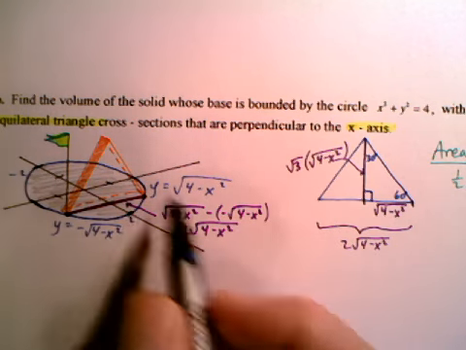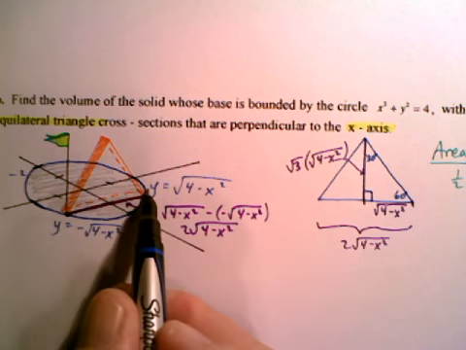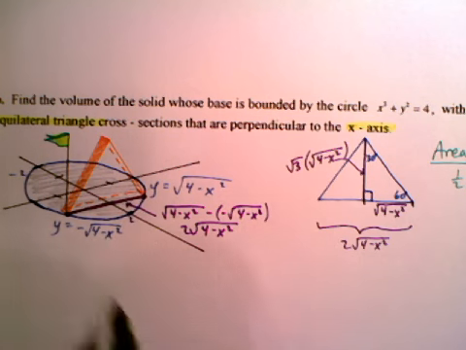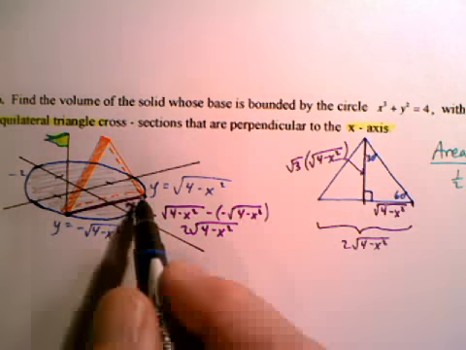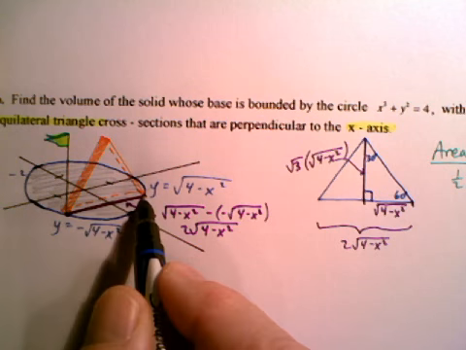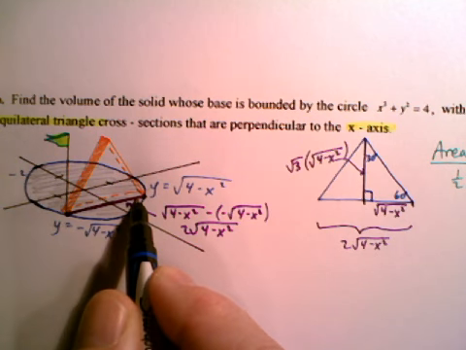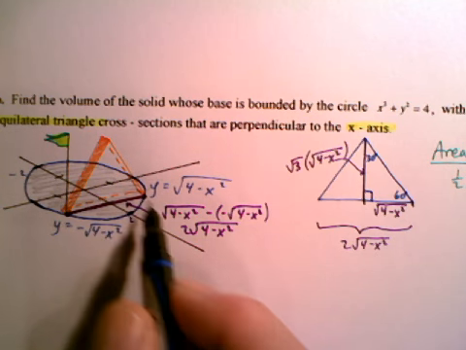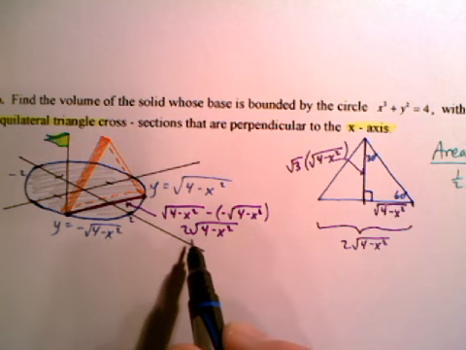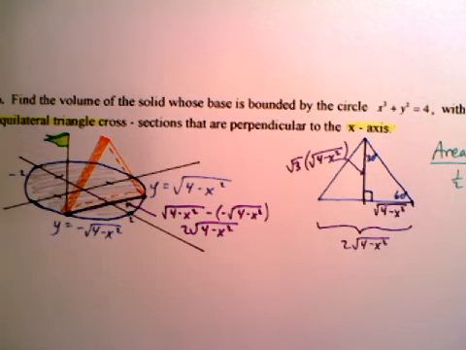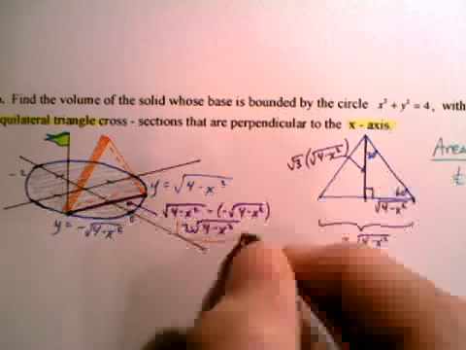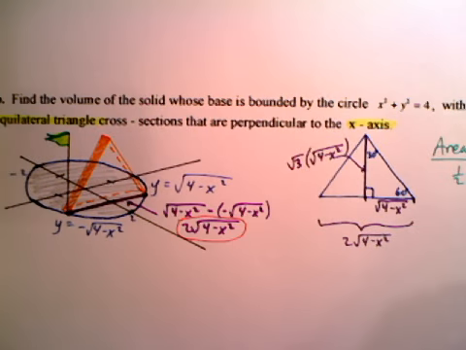Check the earlier videos if you don't know how to find the equations for the top half and the bottom half of the circle. And we definitely need the length of the base of the equilateral triangle, which would be the top curve minus the bottom curve, which gives us 2 times the square root of 4 minus x squared. There is the length of the base.